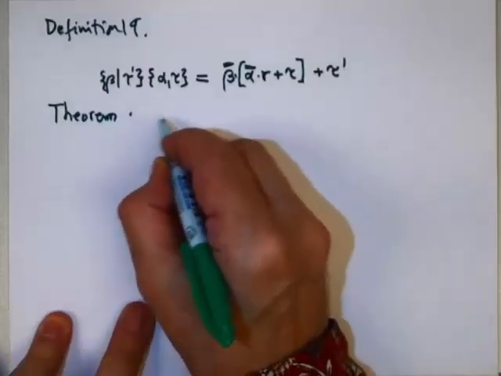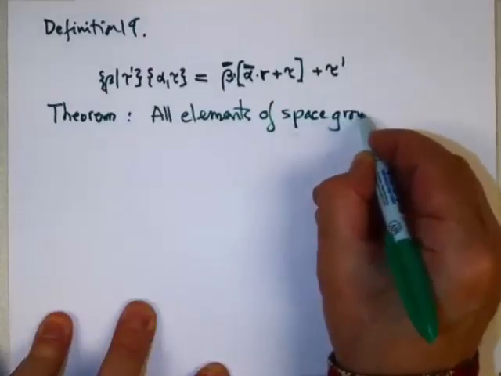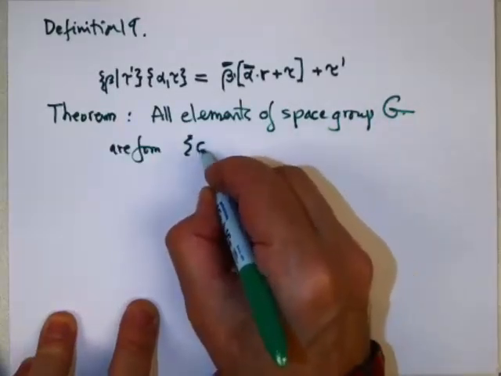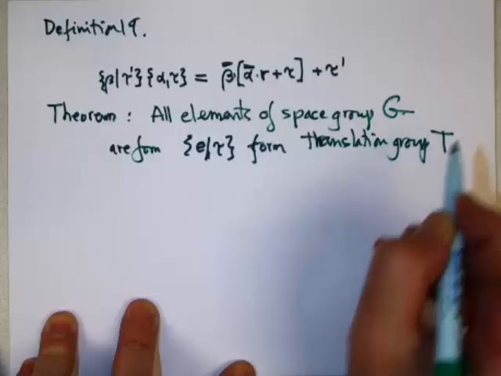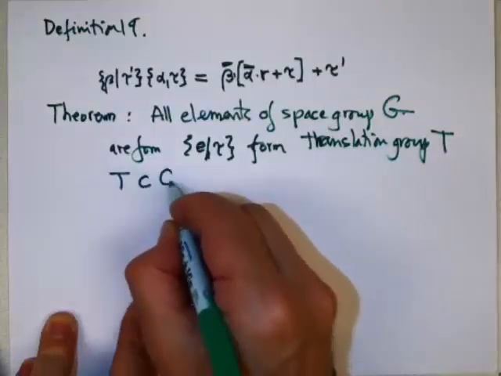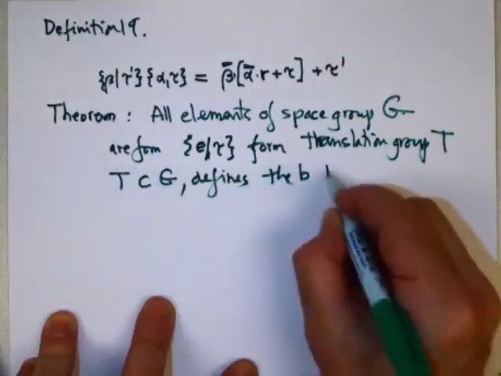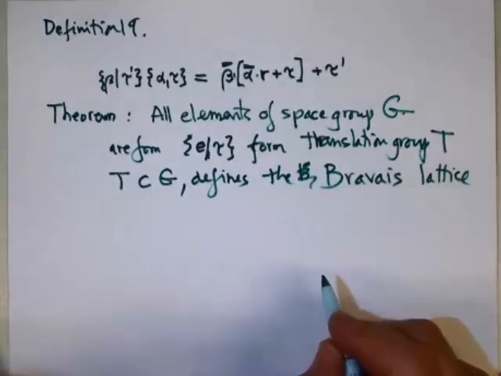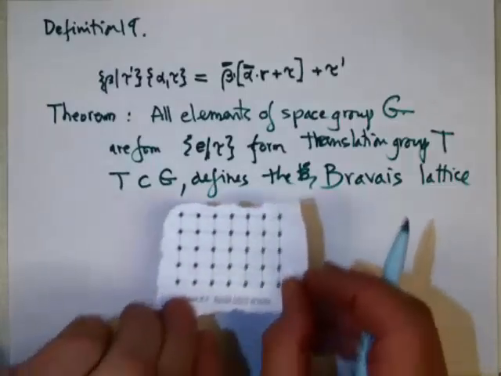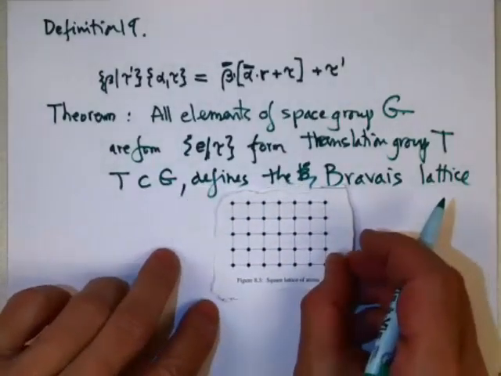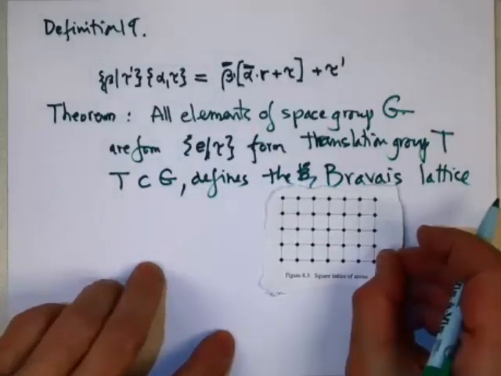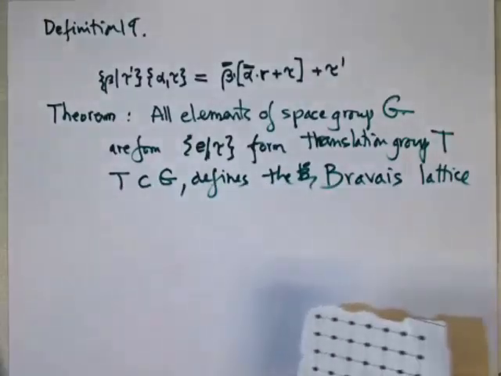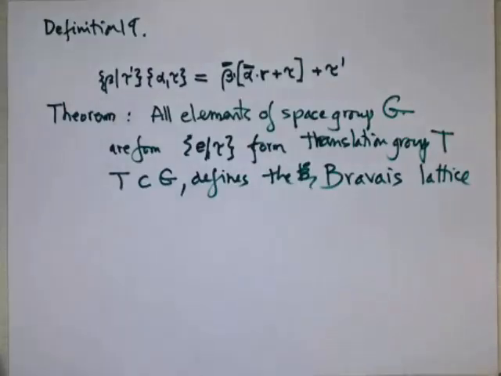Theorem. All elements of the space group G are of the form identity and translation. T is a subgroup of the space group, and it defines the translations, which is obvious. We take a thing and we move it, and we move it, but translation without rotating. So that's a subgroup. To show that it's a good subgroup, we have to show that it's a self-conjugate subgroup.